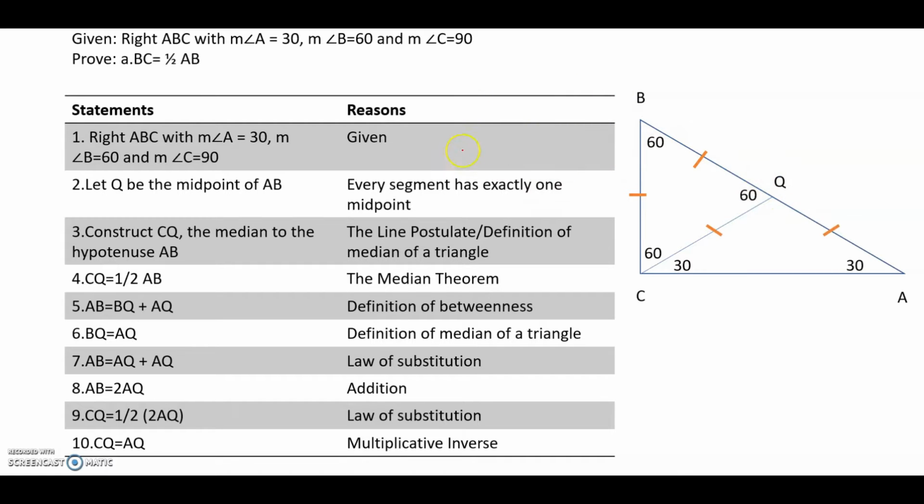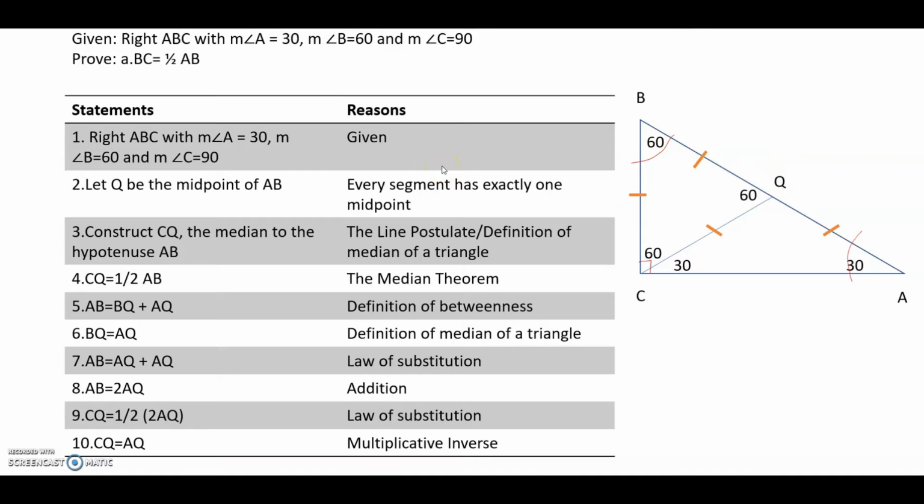So we are given right triangle ABC with the measure of angle A being 30 degrees, the measure of angle B 60 degrees, and the measure of angle C 90 degrees. So again, we're going to prove that this side BC is equal to 1/2 of AB, by means of statements and reasons.